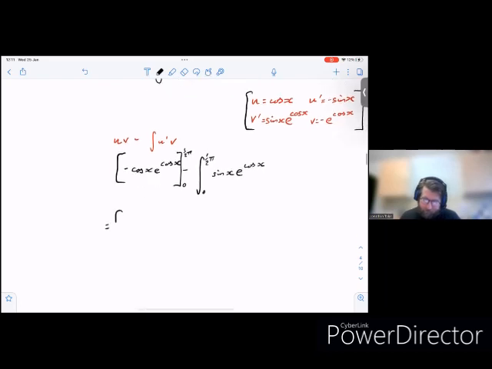So this becomes minus cos x e to the cos x, minus, so when we integrate sine x e to the cos x, we've already done that once, you get minus e to the cos x, between 0 and 0.5 pi.